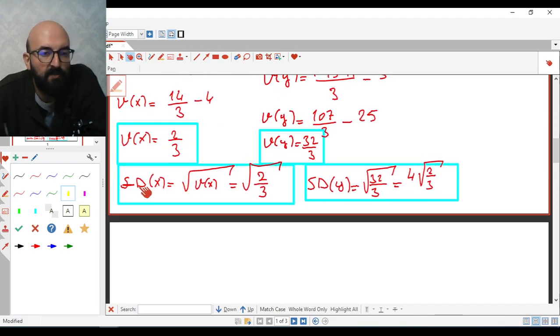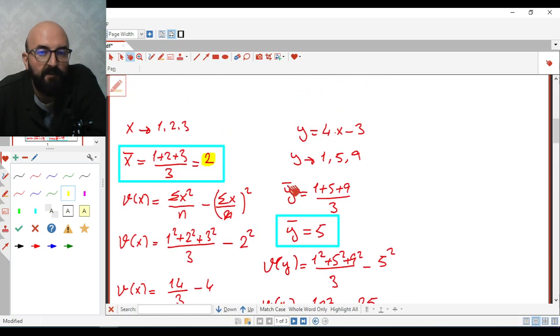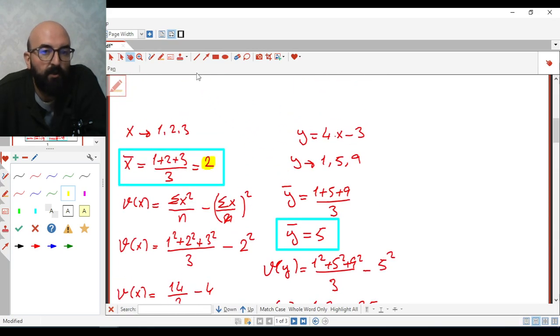And as you remember, the standard deviation is the root of variance, so the root of 2 over 3. And for the y values, we have an equation, a relationship between x and y.